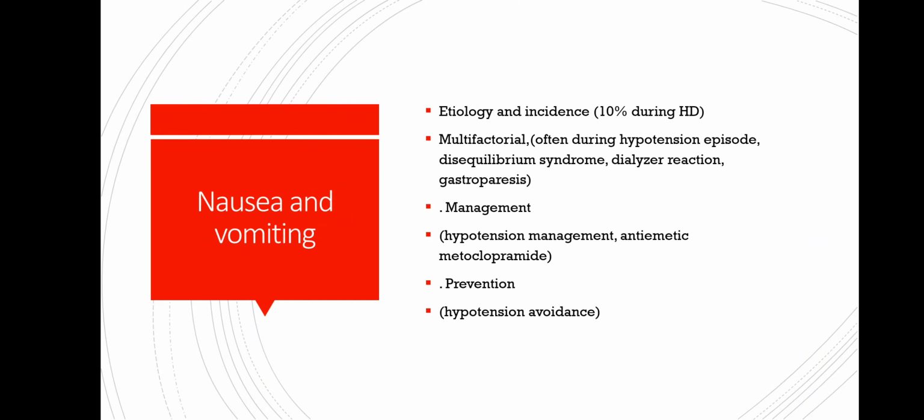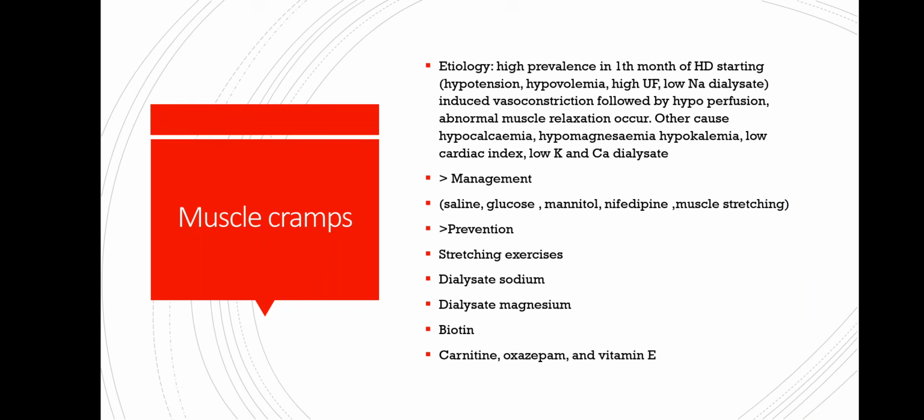Nausea and vomiting are common complications in hemodialysis patients, with an incidence of about 10%. The causes are multifactorial, often during hypotension episodes, disequilibrium syndrome, dialysis reactions and gastroparesis. Management is hypotension management and antiemetics such as metoclopramide. Prevention is hypotension avoidance.